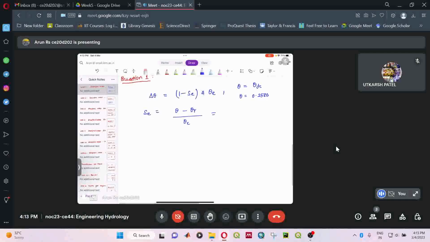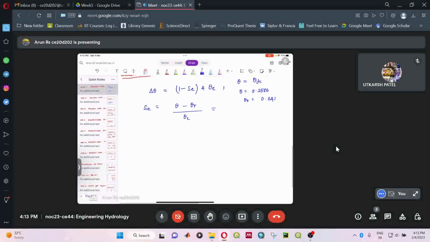And for this soil, theta r is given as 0.041, and theta is given directly in the question. So we'll be estimating the effective saturation. This is 0.412. So this equals 0.528.